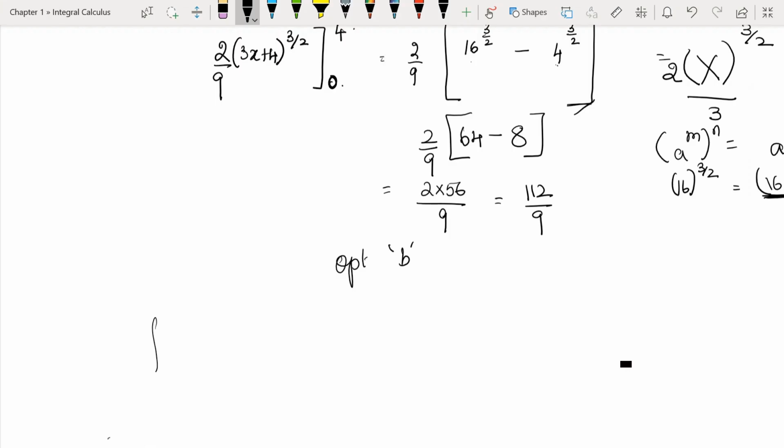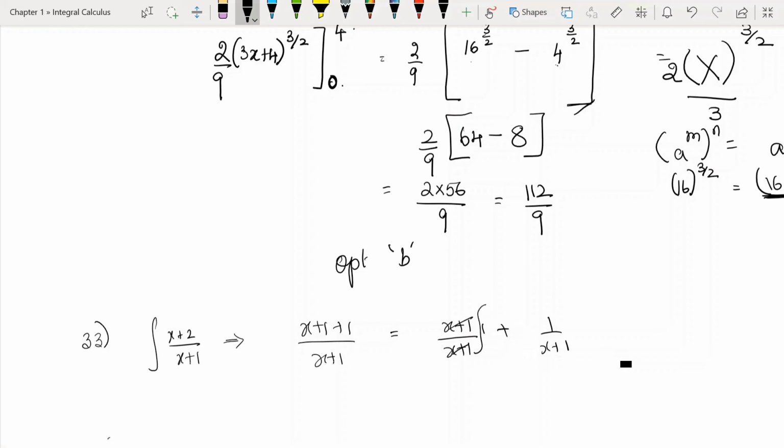You have integral x plus 2 divided by x plus 1, this is question number 33. You split this as x plus 1 plus 1 divided by x plus 1, which is nothing but x plus 1 by x plus 1 plus 1 by x plus 1. Now this will get cancelled, it will become 1.